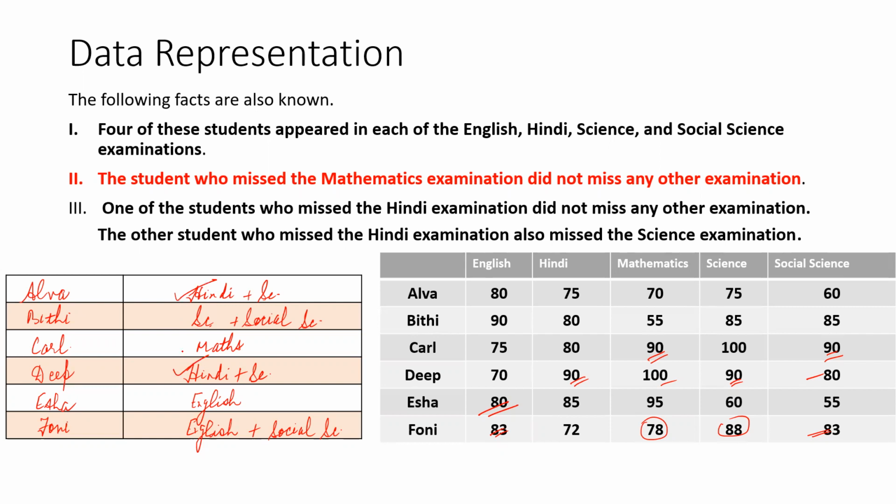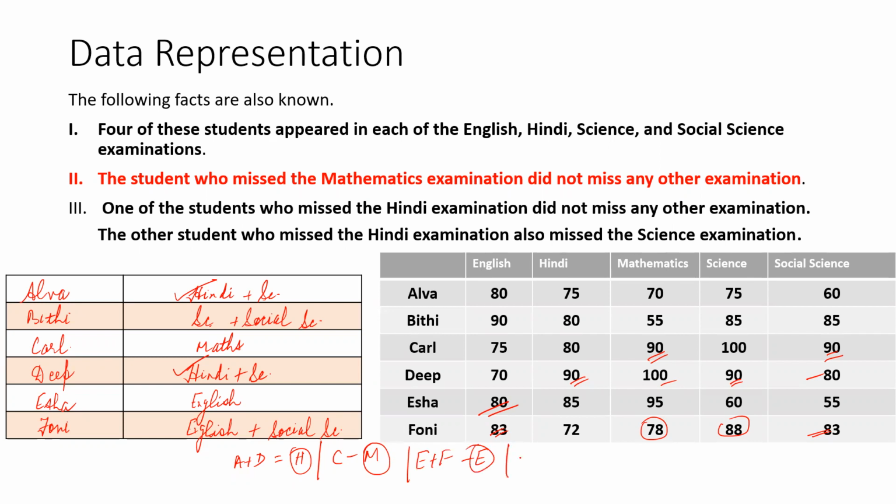Students, so we will have Alva and Deep definitely missing on Hindi, missing on Hindi as a paper. Carl is the guy who is missing on mathematics. If we are looking at English, Isha and Phony are definitely missing on the English paper.